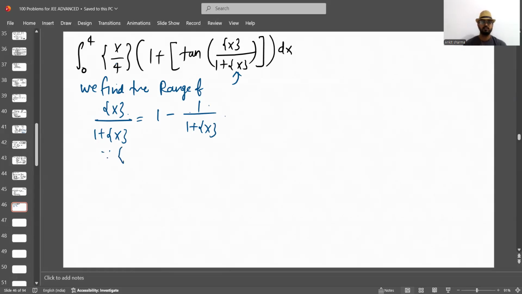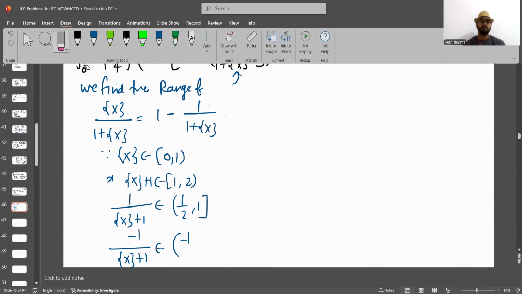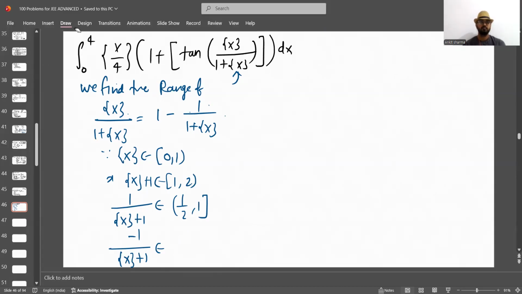Since the fractional part of x always belongs to 0 to 1, the fractional part of x plus 1 will belong to 1 to 2. I'll take the reciprocal, so this is going to belong to half to 1. And then with negative, I'm going to have minus 1 over fractional part of x plus 1 belonging to minus 1, which will be closed, to minus half, open.